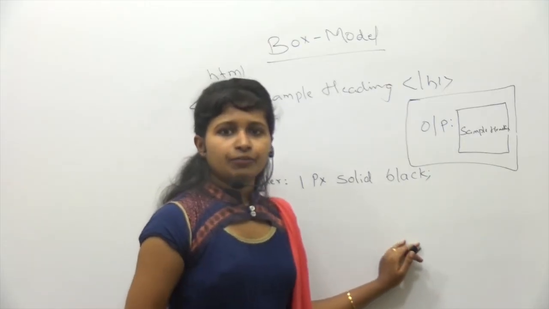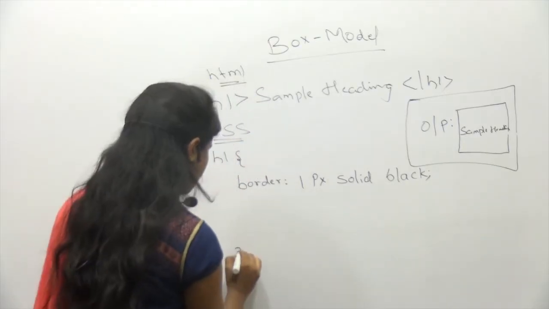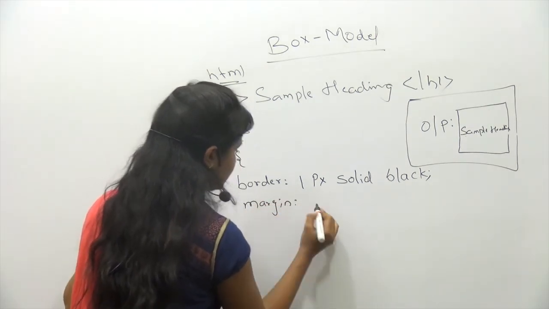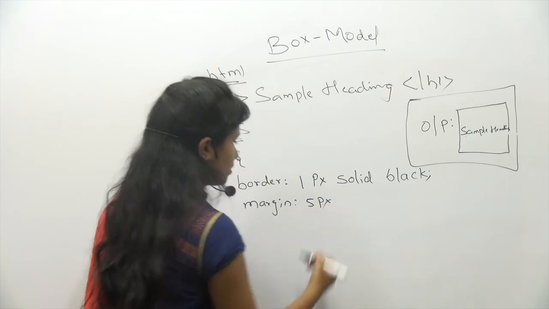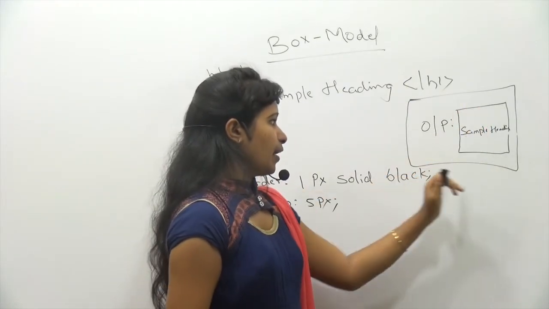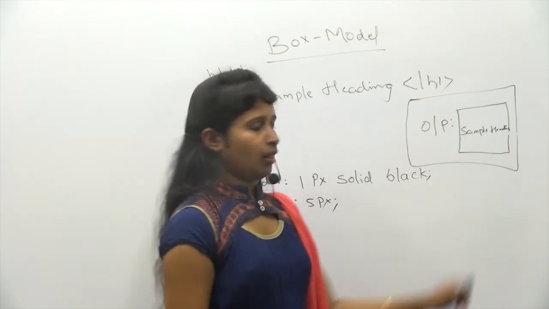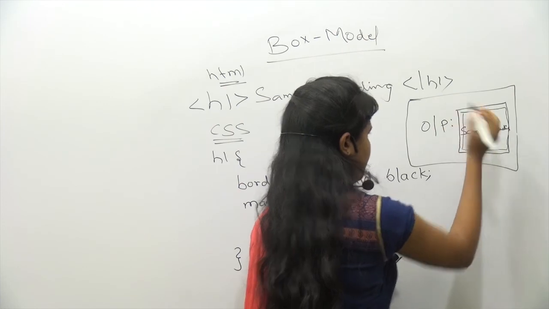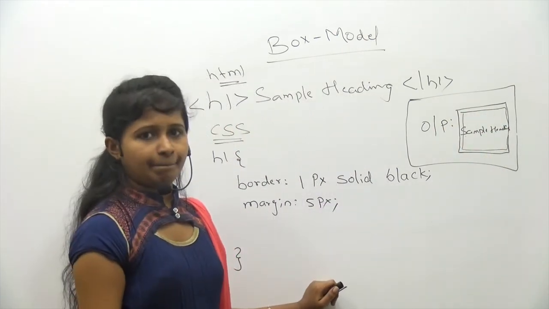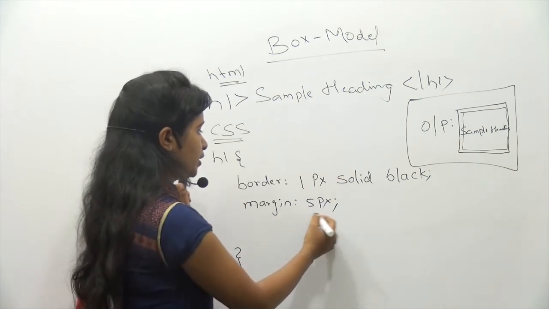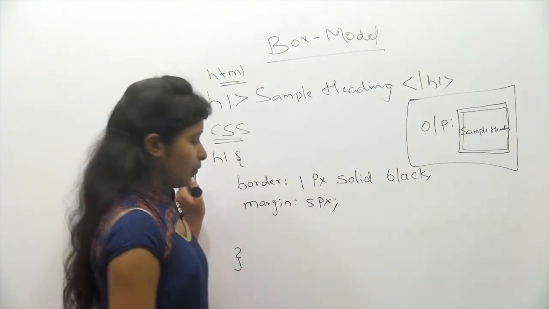I just want to give margin for this. My margin will be 5 pixels. Margin decides the outer part of a box model. Okay, margin decides how much space it needs to leave around the box.